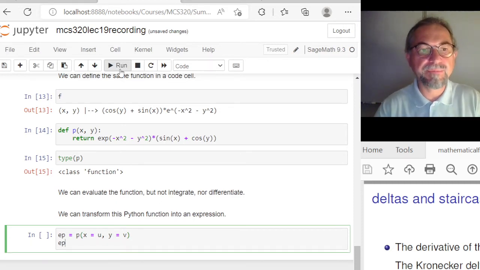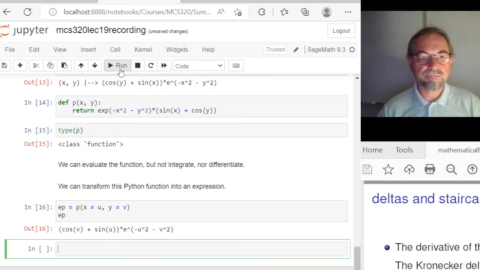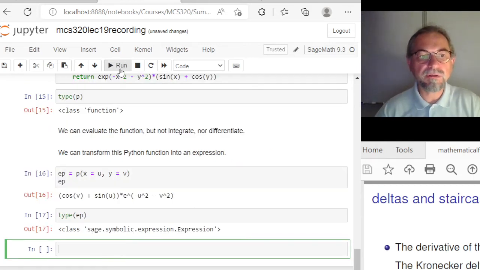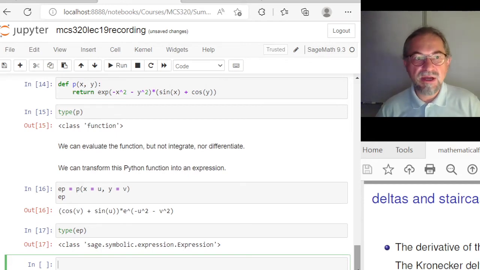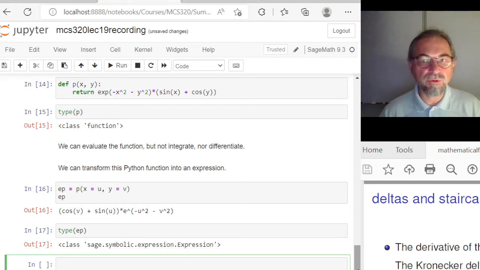So u and v have been defined prior. If not, one has to define them here. And now you see that I have an expression derived from the function. Here there's not much a point to it, because you could easily have retyped it, or done copy and paste. But if the functions are more complicated, and if you don't want to resort to low-level techniques, this is another application of symbolic evaluation.